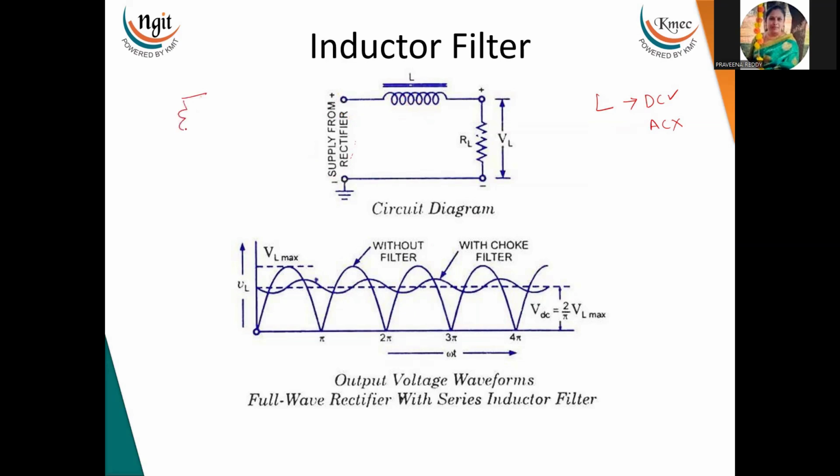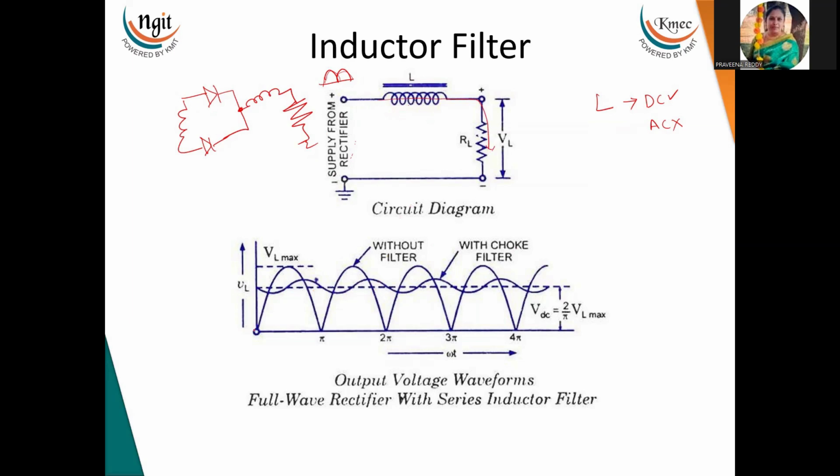For the shorted diodes, we connect the inductor in series and after that the load. The waveform applied to the inductor has both AC and DC components. The inductor will block the AC component and allow the DC, so DC will be available across the load.